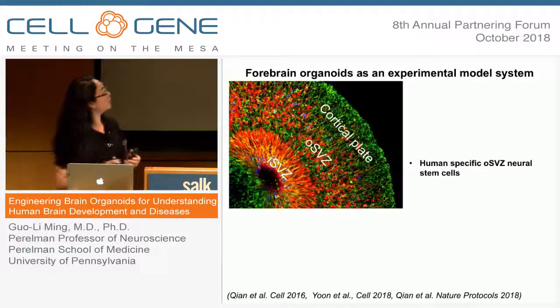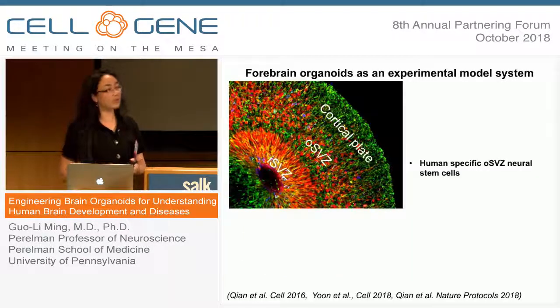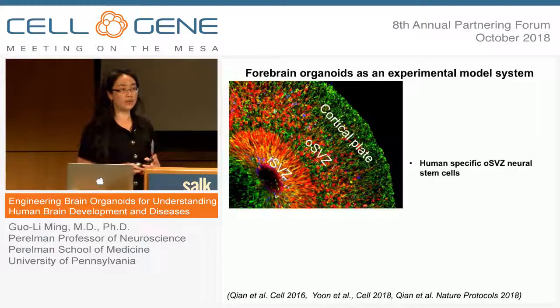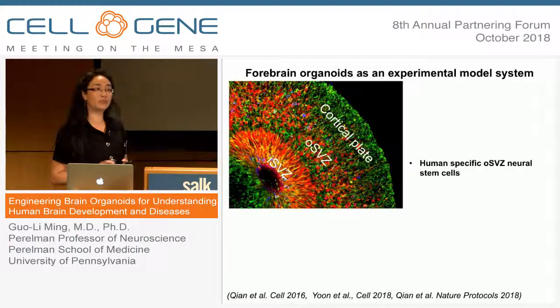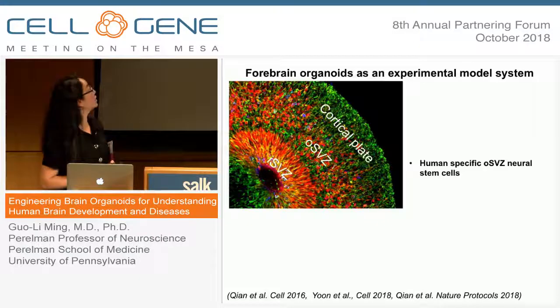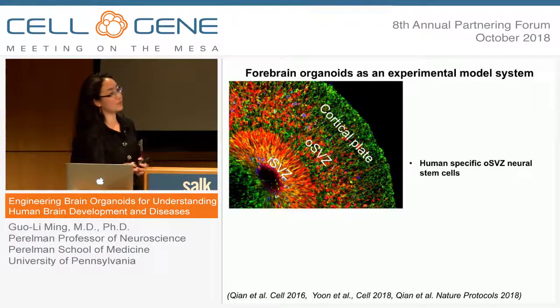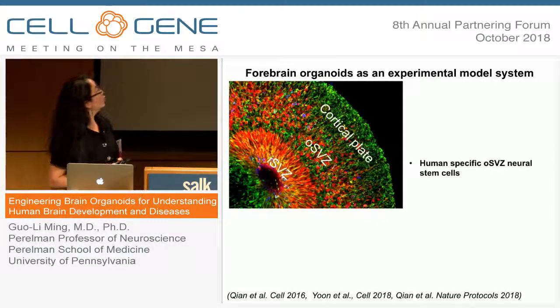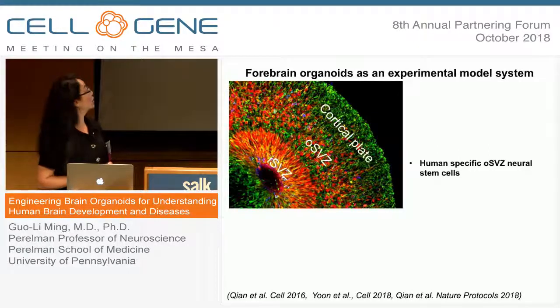So I'm going to just summarize. Using this platform, we have developed a very robust protocol to generate brain region-specific organoids. Today I'm going to specifically talk about forebrain-specific organoids.